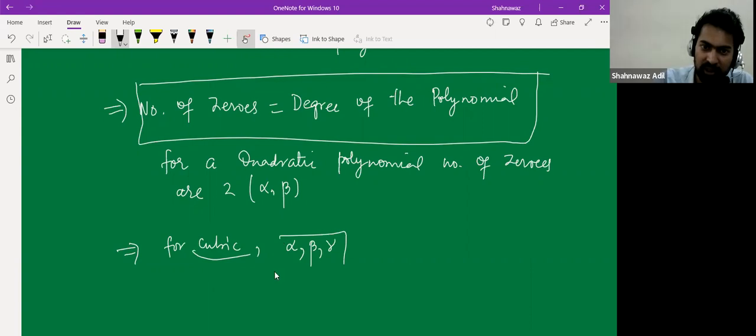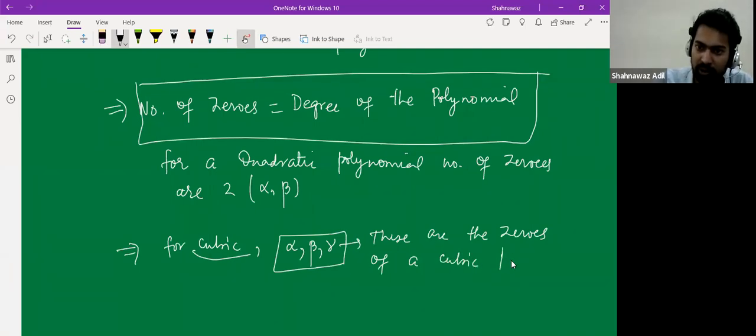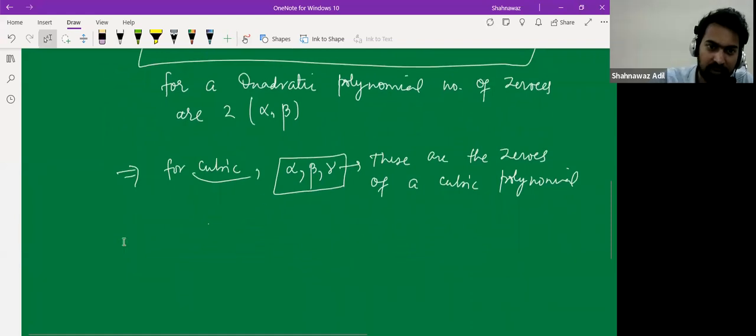So these are the zeros of a cubic polynomial. And lastly, what we did was the graph.